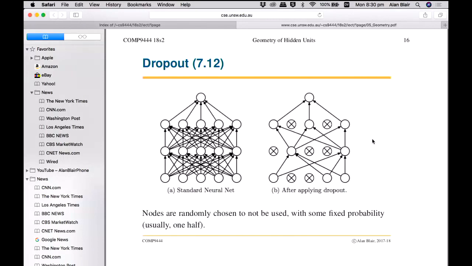Now, what happens during the testing? Well, if you always trained like this, but then you tested it with the full network, potentially there could be a problem. During the training, this node is connected to all nodes in the previous layer, but it's used to receiving input only from half of the nodes.